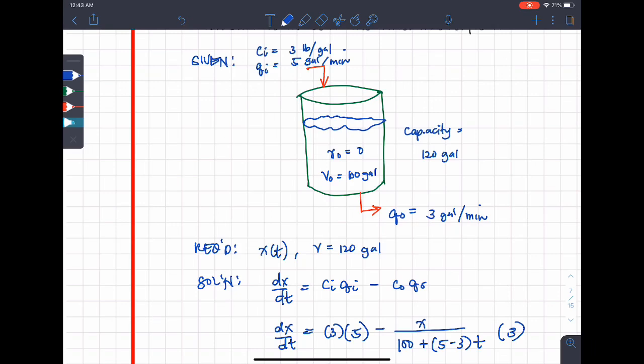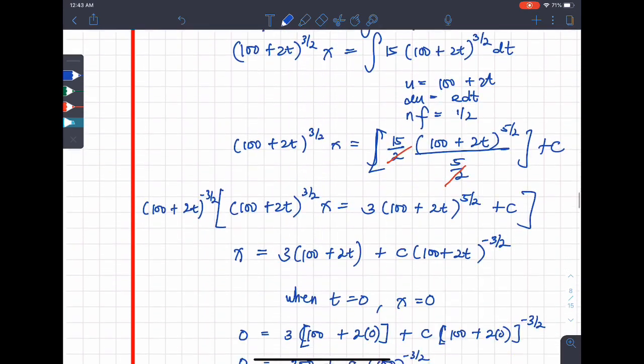So 120 gallons would be when it will overflow. But to determine the amount, we need to find what that time would be.